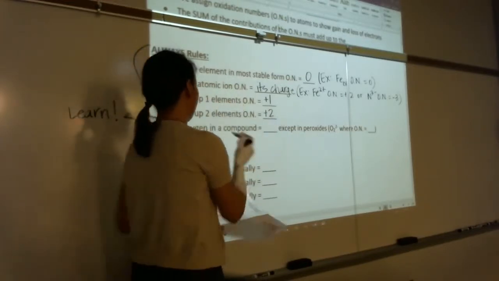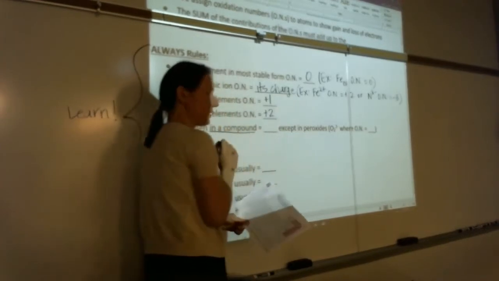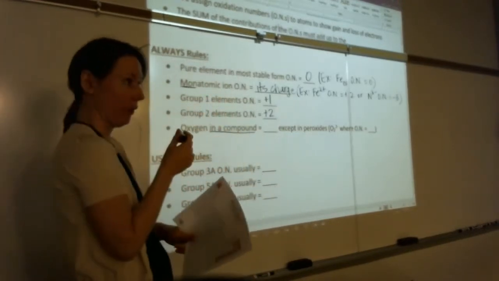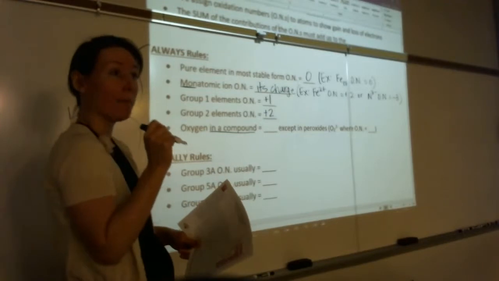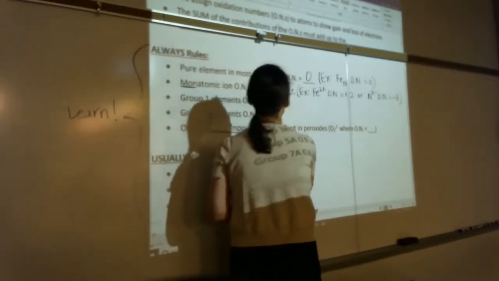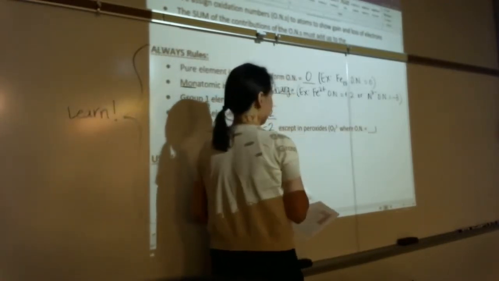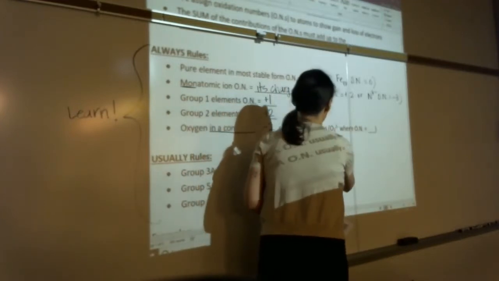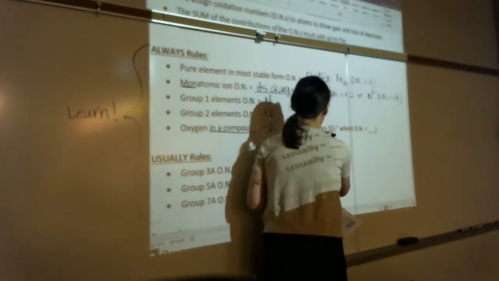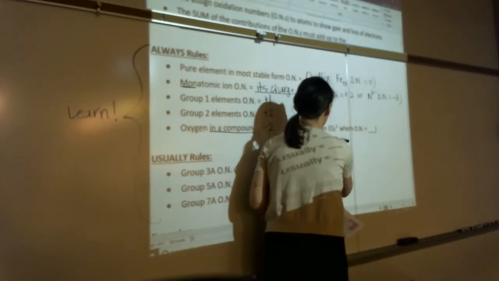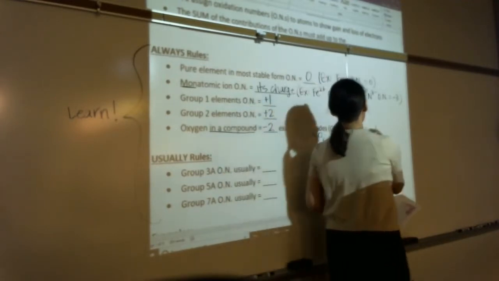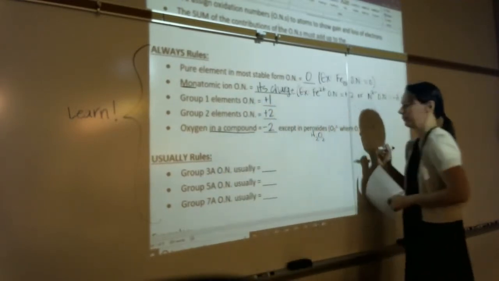Oxygen in a compound, not oxygen gas. Oxygen gas would be 0, but oxygen in a compound is always -2, except in peroxides. The only peroxide you've probably ever seen is H2O2, hydrogen peroxide. Its oxidation number there would be -1.